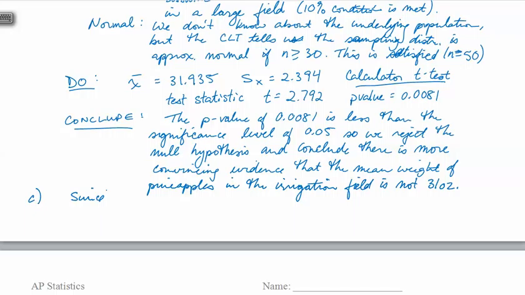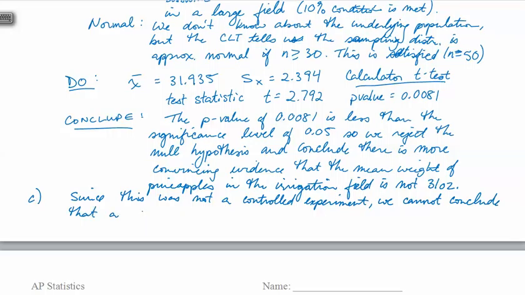So since this was not a controlled experiment, we cannot conclude that a difference in pineapple weight was due to the irrigation system.